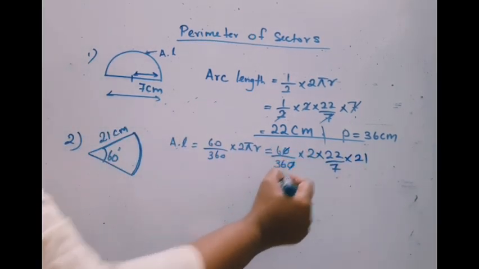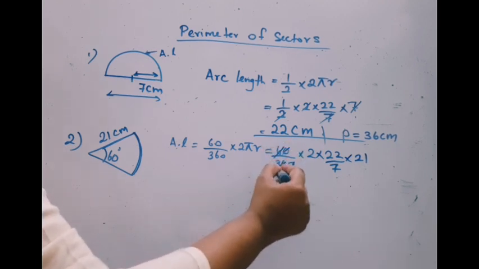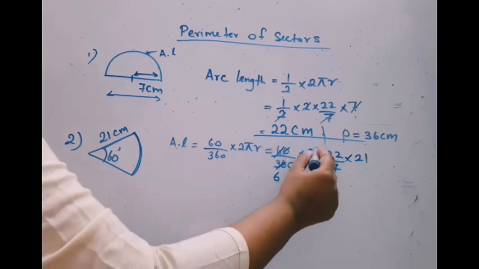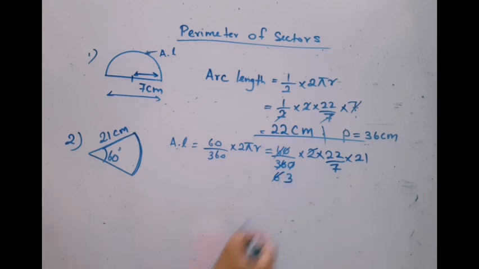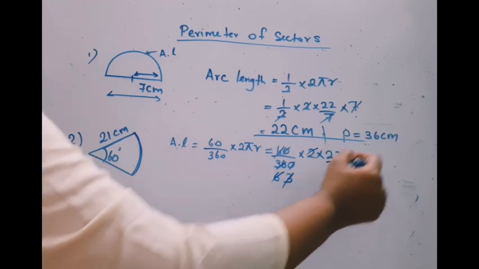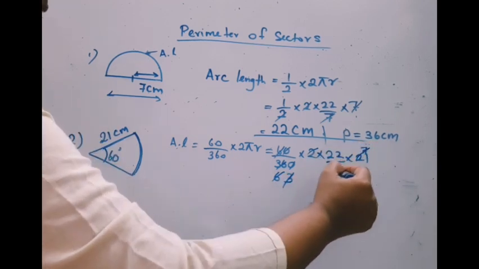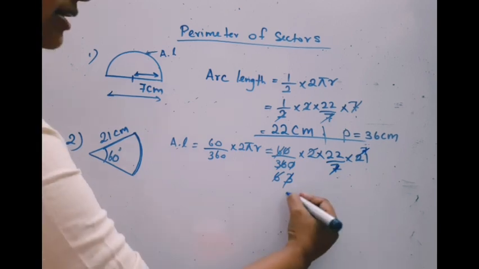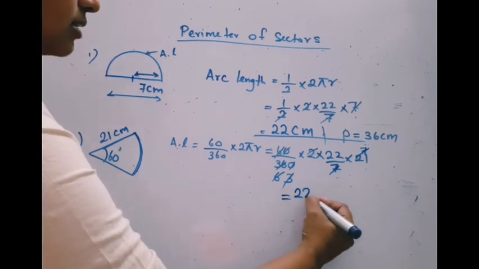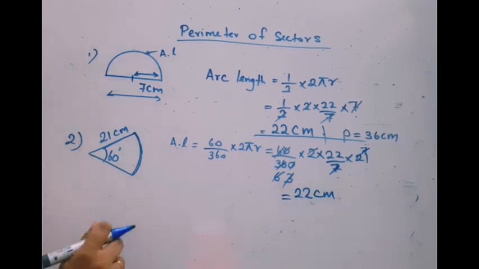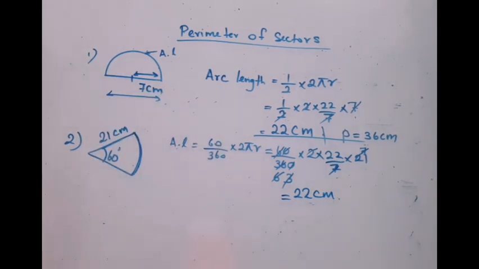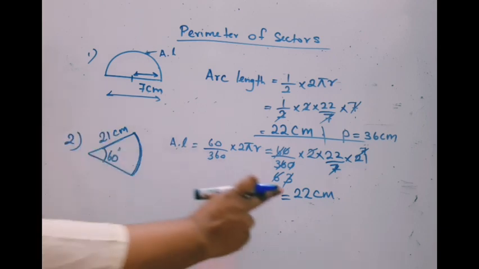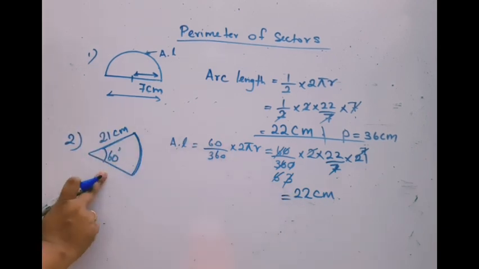You can cancel the zeros. 6 times 6 is 36. 2 times 3 is 6. Then 3 times 7, and 7 and 7 can be cancelled. So the arc length is 22 centimeters. You can check the previous example as well, the one I did before from your textbook. This is the same question as before.